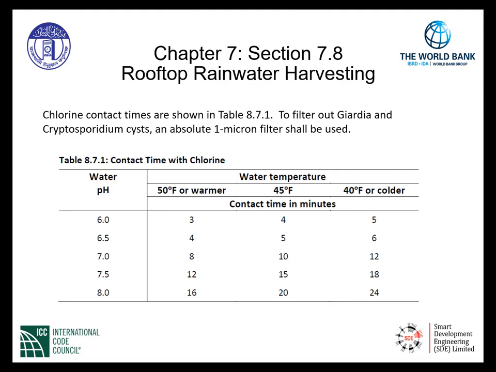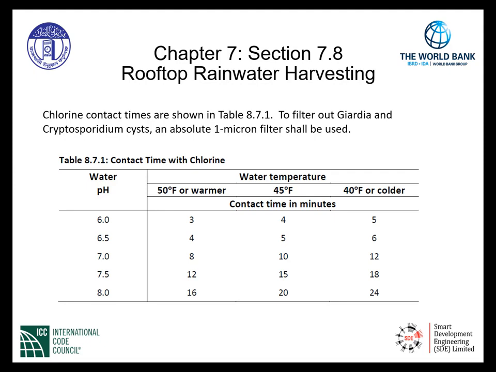Look at the water pH of 6.0 and 50 degrees Fahrenheit or warmer. Disinfection is achieved after 3 minutes. Decreasing the temperature 10 degrees Fahrenheit, disinfection will take an additional 2 minutes, for a total of 5 minutes.